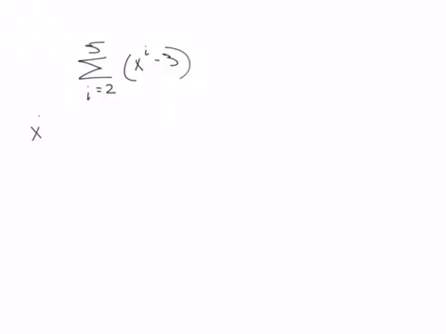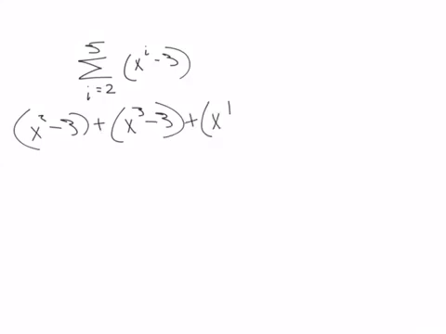So let's do the 2 first, plus, and then a 3, plus, and then a 4, plus, and then a 5. So all we did was replace the i with a 2, 3, 4, and 5. Again, this showed me where to start, and that showed me where to end.